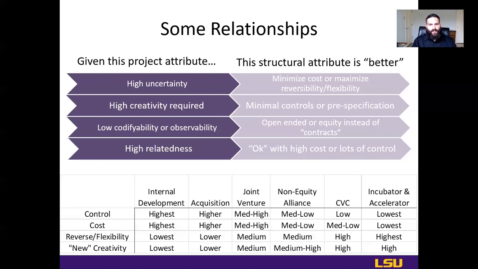Second thing we also alluded to last class as well: when there's high creativity required to either identify what the problem is that you're trying to address or how you address it, the solution you're going to propose, you want to have minimal controls or pre-specifications. There's no point in not knowing exactly how you're going to accomplish a problem by telling people exactly what to do.